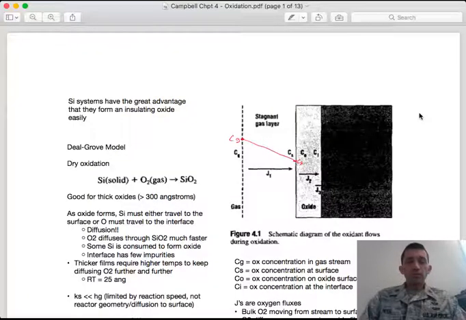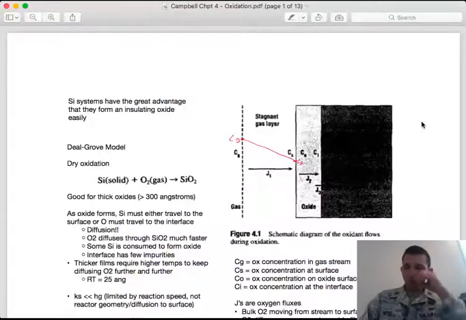But silicon has another advantage, and that is that it is easy to grow an insulating oxide from the silicon substrate. So if you need an insulating layer, there's no need to deposit anything additional, a different material. You can just oxidize the silicon that's already there, and it forms a good insulating silicon oxide layer.